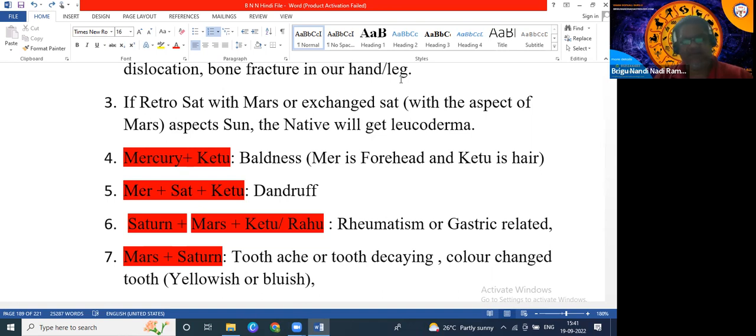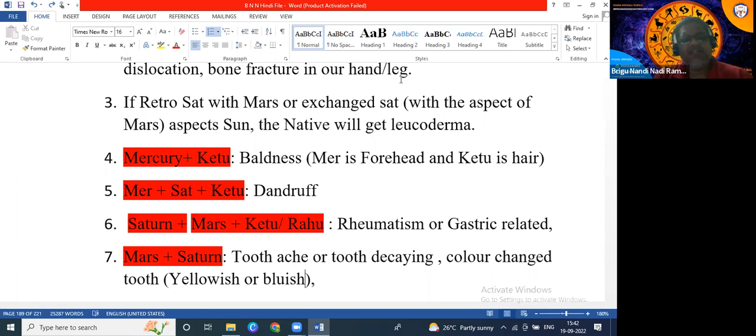Hair falling only takes place when Mars and Ketu are connected in the horoscope. Baldness. Mercury is forehead and Ketu is hair. As they are enemies, there will be no hair on the forehead, or if there is hair here, because of the enmity between Mercury and Ketu, hair will fall down from the forehead.